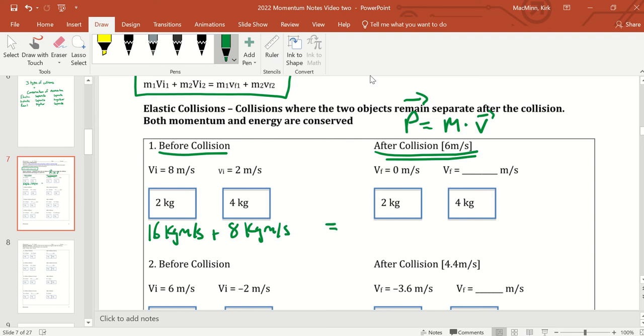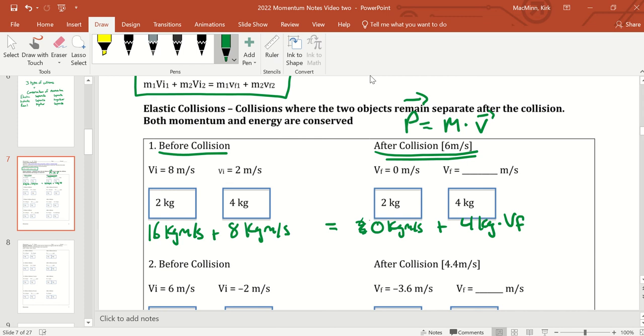That has to equal the total momentum after the collision. So this is going to be 2 kilograms times 0, which is going to be 0 kilogram meters per second, plus 4 kilograms times some unknown velocity.